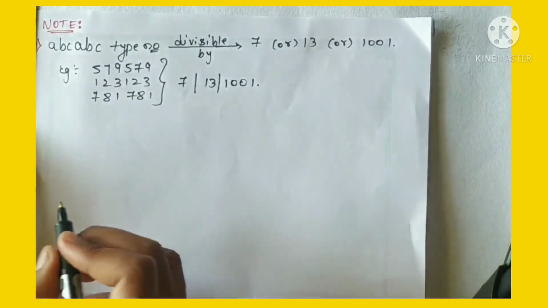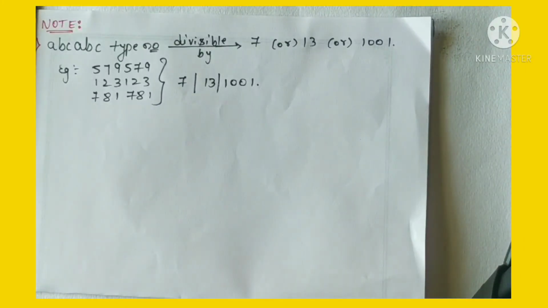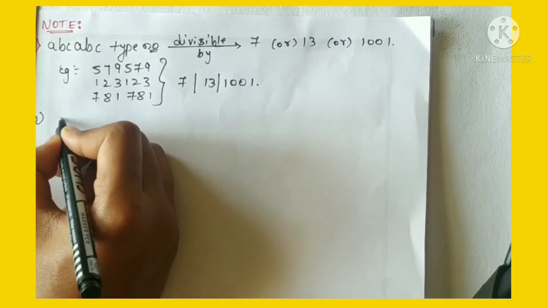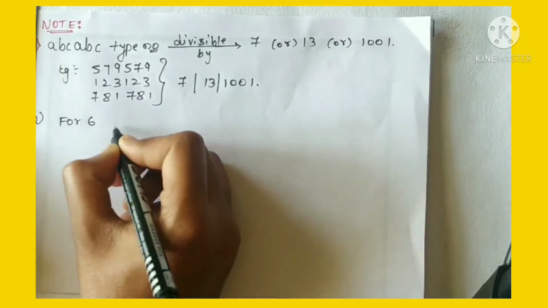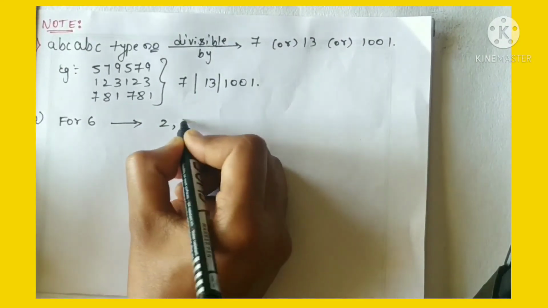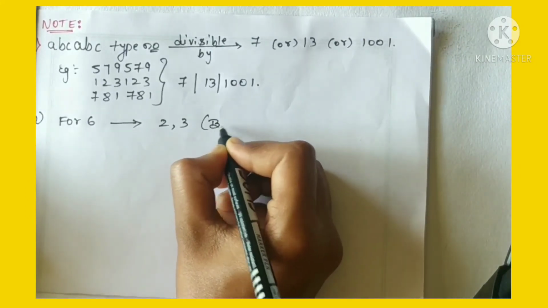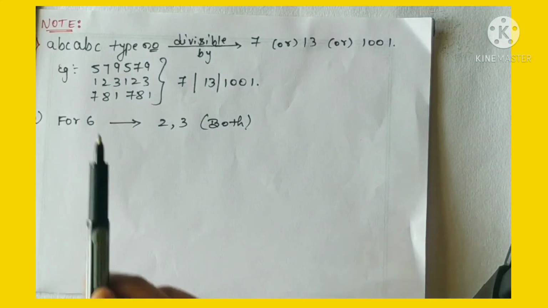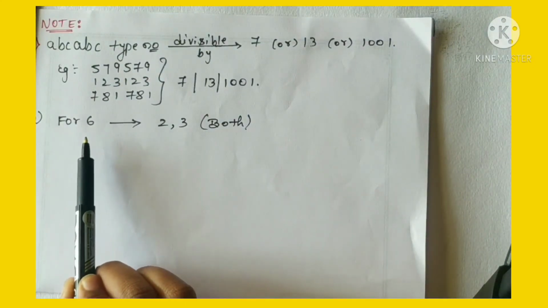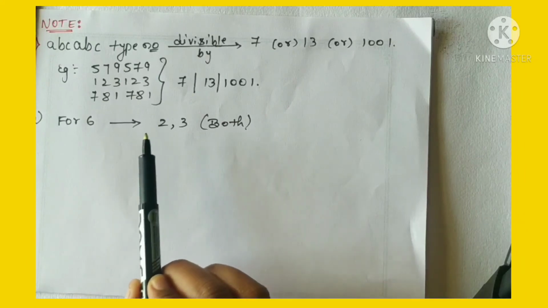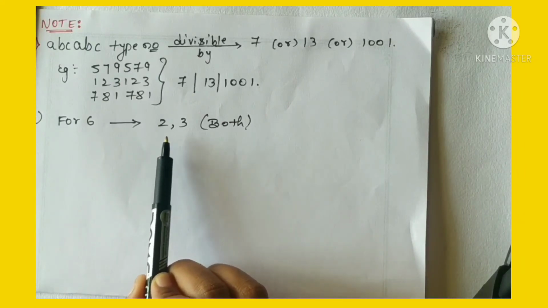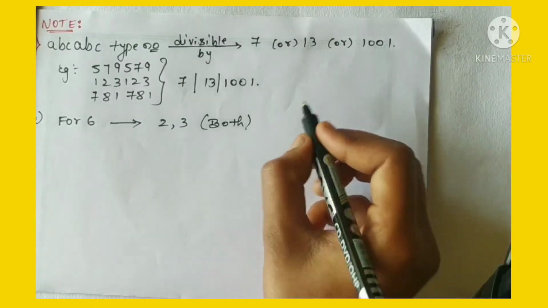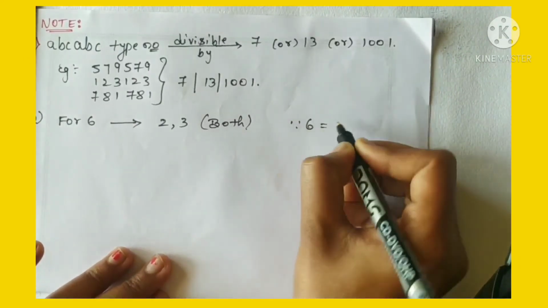Okay. Next, note number 2. The divisibility rule for 6 is that both 2 and 3 must be satisfied. If they ask for the divisibility rule for 6, then the given number must satisfy the divisibility rules of both 2 and 3, because 6 can be written as 3 into 2.